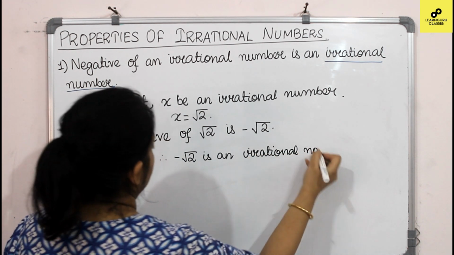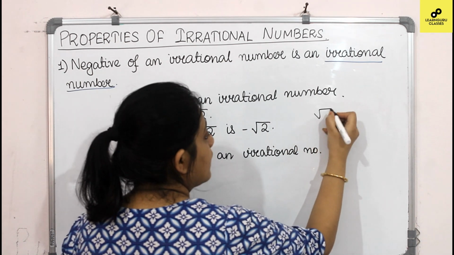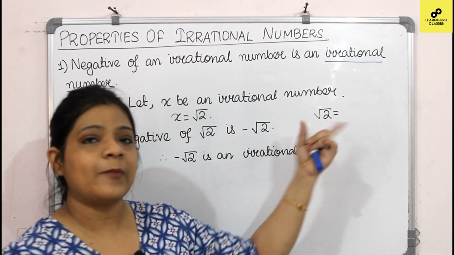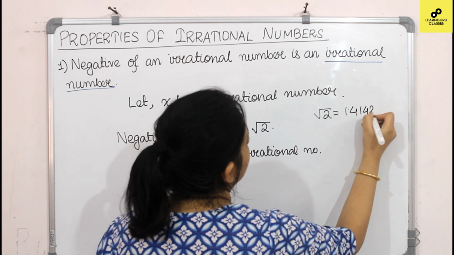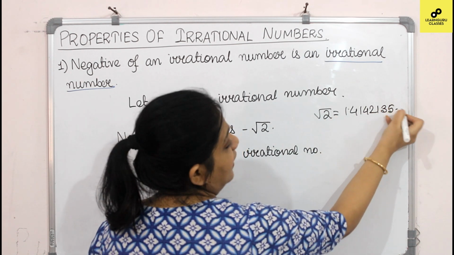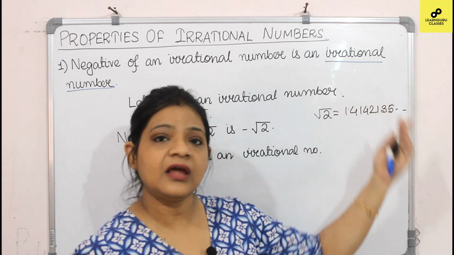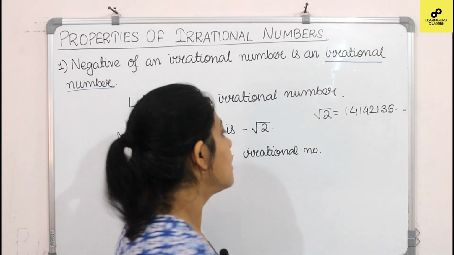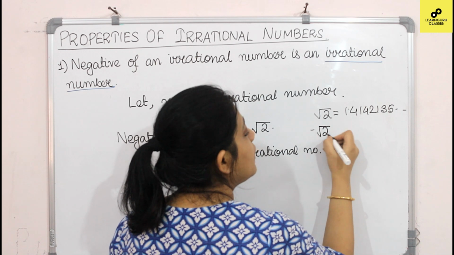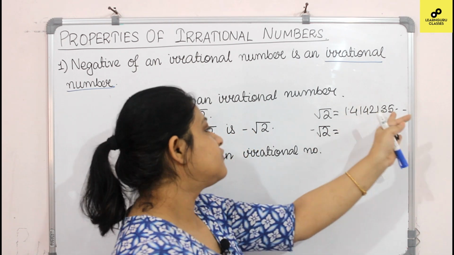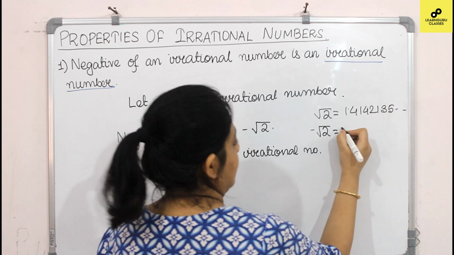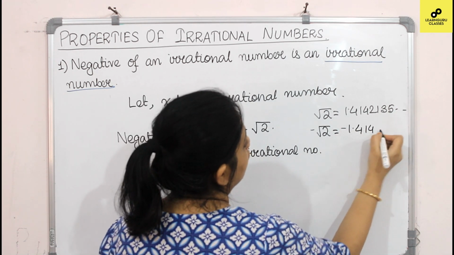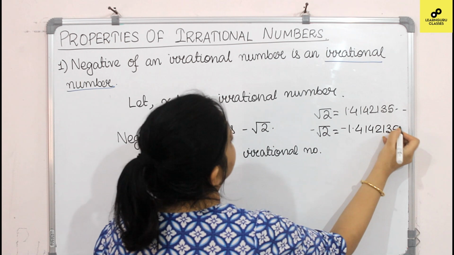See, if you find the decimal expansion of root 2, it is 1.4142135, something like that. This is a non-terminating and non-repeating decimal expansion. So minus root 2 will be what? You just add a negative sign to it: minus 1.4142135, something like this.